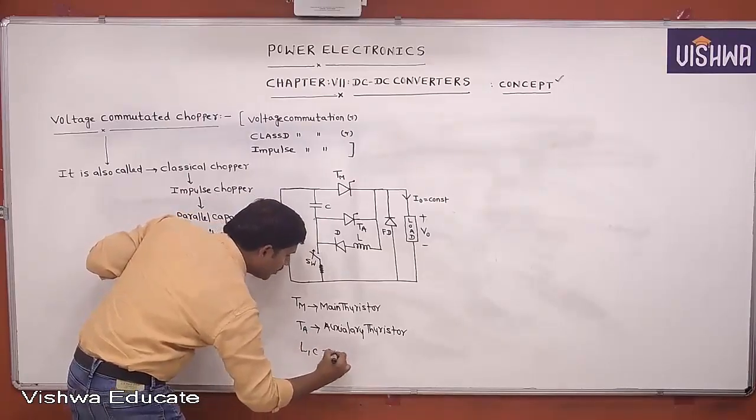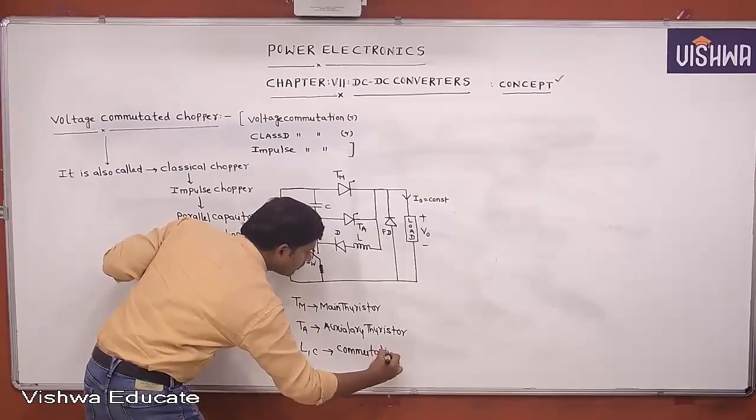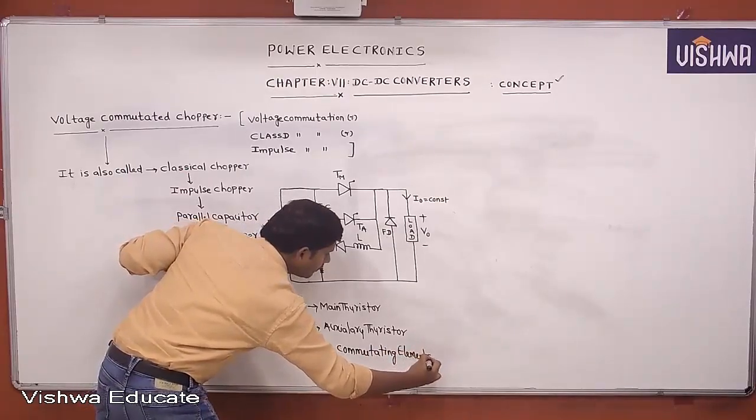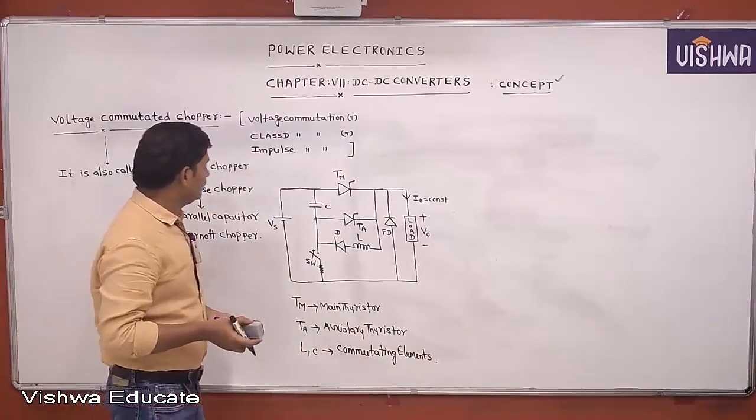L and C are the commutating elements. S is the switch.